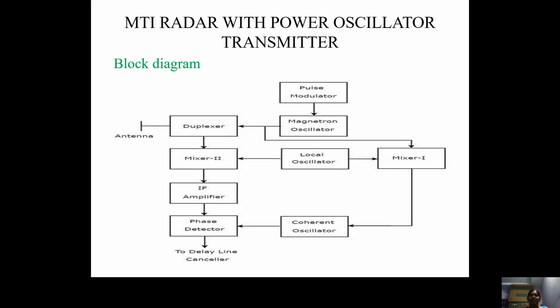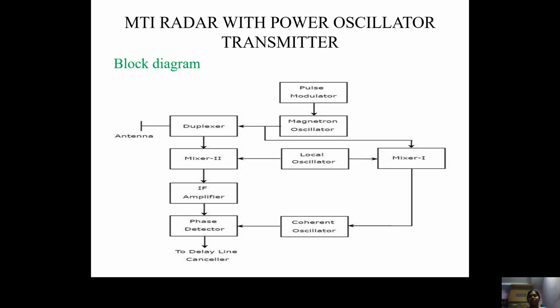Previously we discussed the MTI radar with power amplifier transmitter. Before these power amplifier transmitters were invented, there were only magnetron oscillators which provided the high power. So in the case of MTI radar with power oscillator transmitter, we use a magnetron oscillator in the transmitter section instead of a power amplifier.